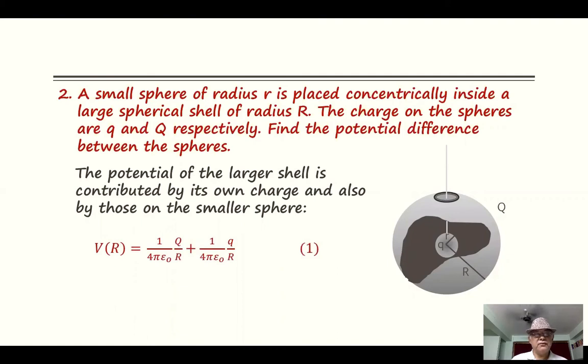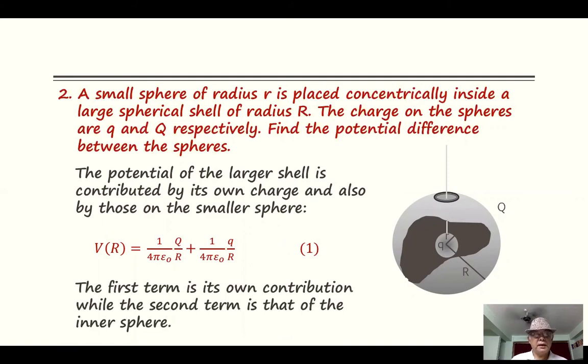Potential V of the larger sphere is equal to 1 by 4 pi epsilon naught capital Q by capital R plus 1 by 4 pi epsilon naught small q by capital R. This is equation 1. The first term is its own contribution, while the second term is that of the inner sphere.